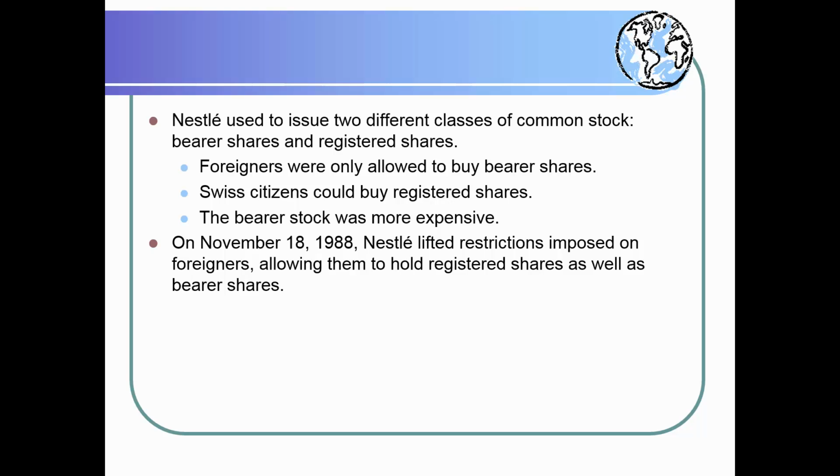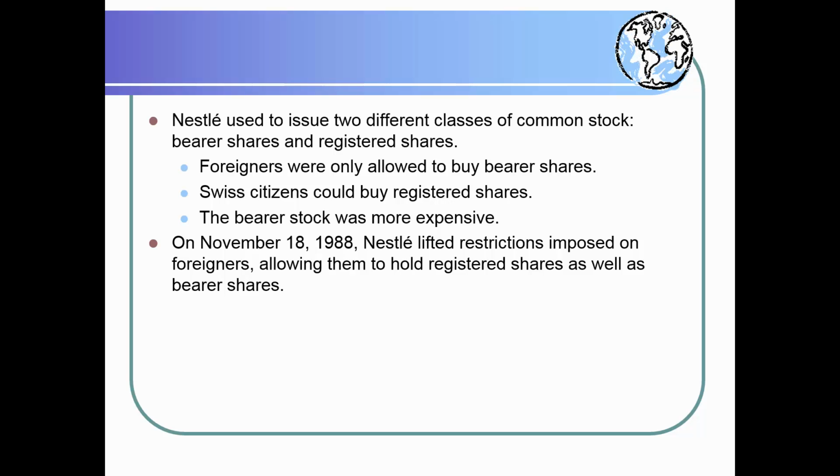Swiss citizens could buy registered shares, and because the foreigners could not buy the registered shares, there was only a limited amount of bearer shares. There was a lot of demand. So what we find here is that although the stock paid essentially the same type of dividends and so on, the bearer stock was more expensive. And the reason why it is more expensive, because there was more demand for that type of shares.